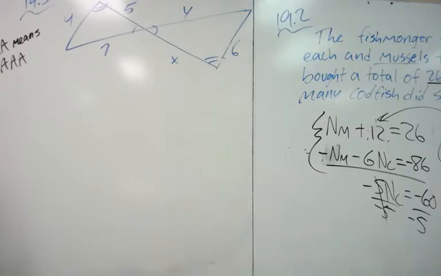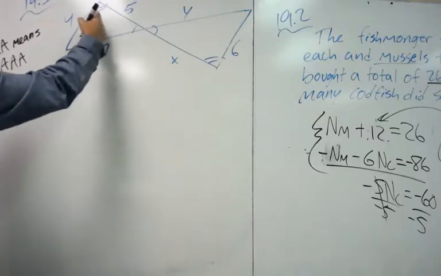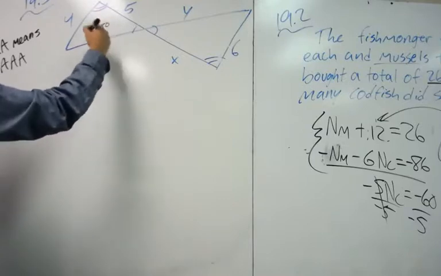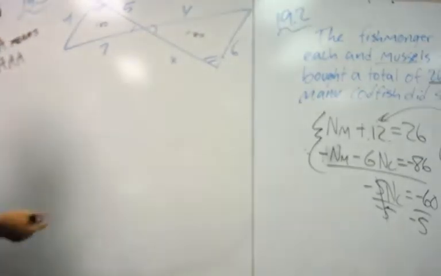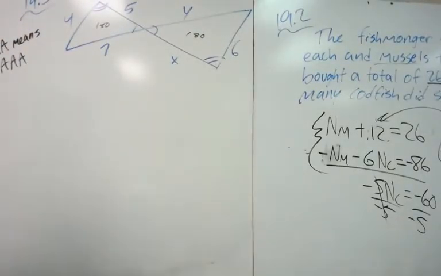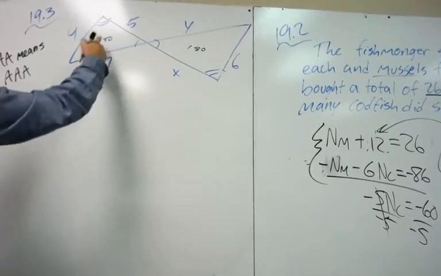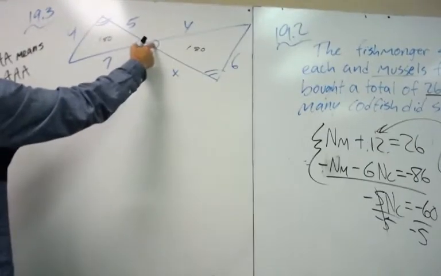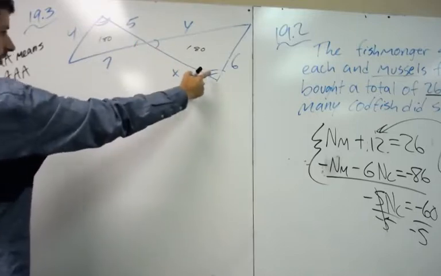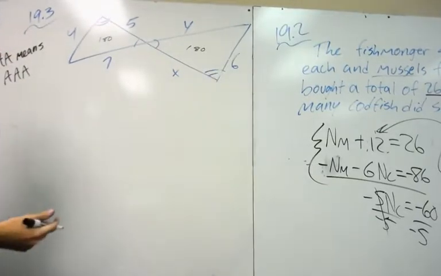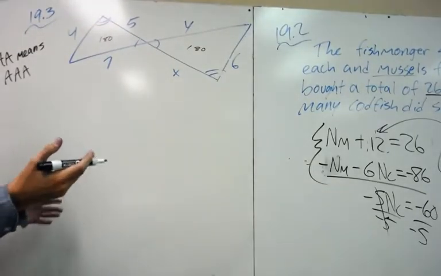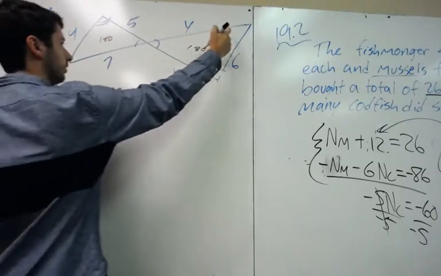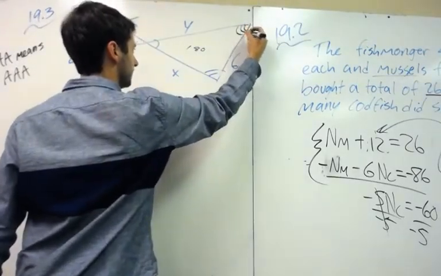angle-angle-angle similarity. Well, we know that's true because the triangle sum theorem states that all 3 angles add up to be 180 degrees. So if we know that these 2 angles are the same and these 2 angles are the same, well, process of elimination, whatever you want to call it, the third angle must be the same as well.